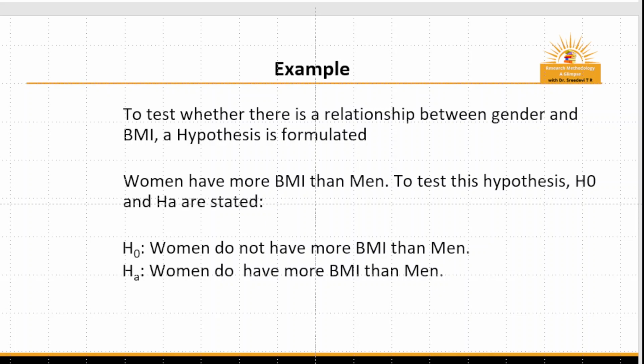If the calculated value is more than the table value, reject the null hypothesis. That means our null hypothesis, women do not have more BMI than men, is rejected. So that is how we do testing of hypothesis. Hope it is clear to you with this example.